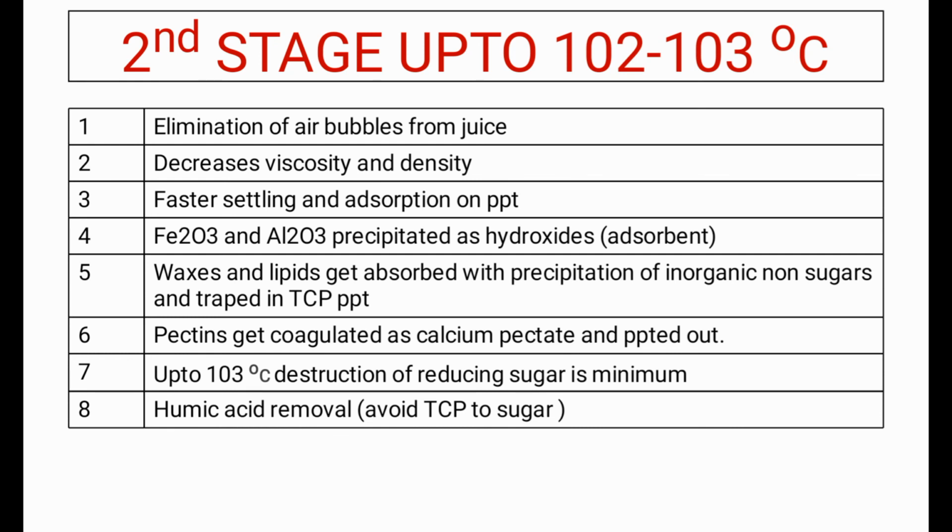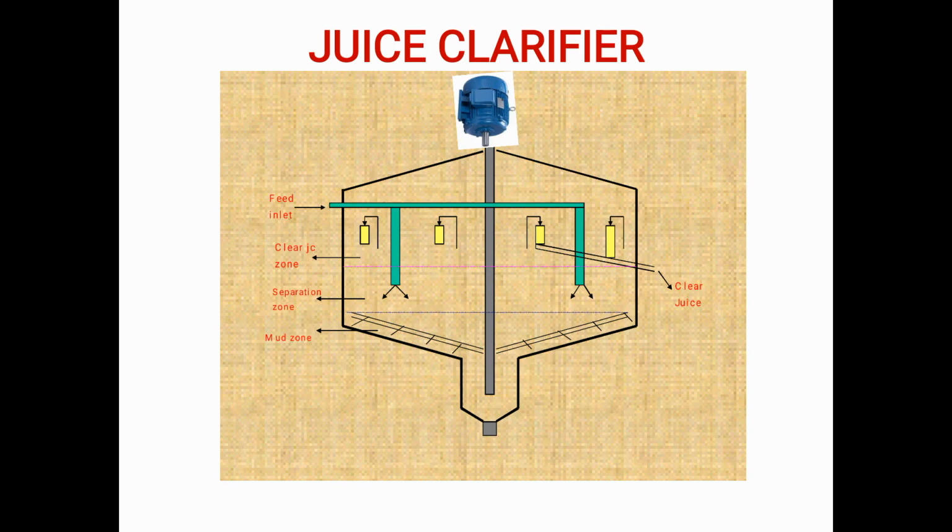So up to 103 degrees Celsius, that loss will be minimum. And the last point was that humic acid will be removed. Otherwise, if it is present, then the TCP of sugar will increase.